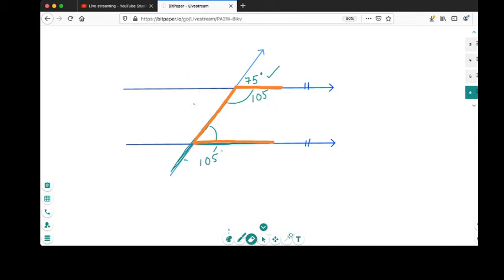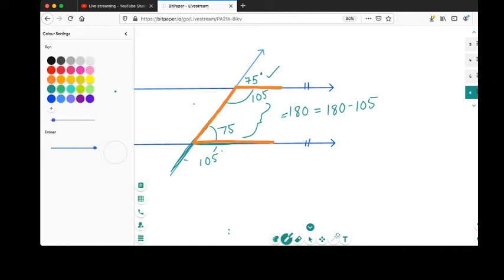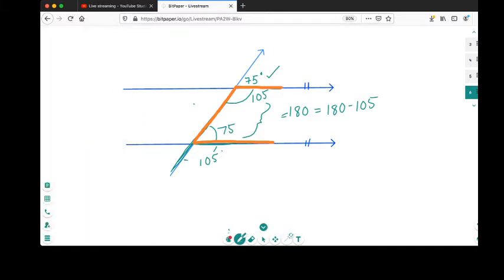So let's go ahead and just change this to the pen. If these two angles together need to equal 180, well, then 180 minus 105 is going to be 75, which makes sense because knowing all of our rules, F rule and everything, Z rule even, that's what the situation is going to be. So let's take a look at the Z rule quickly before we move on, just so that we can incorporate all three into this example.